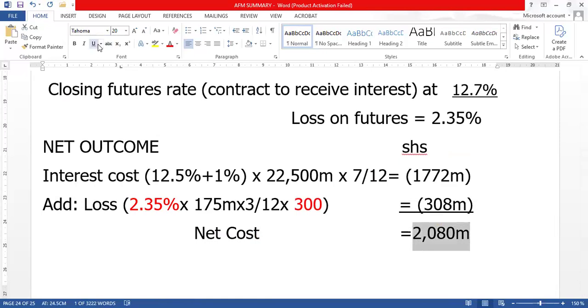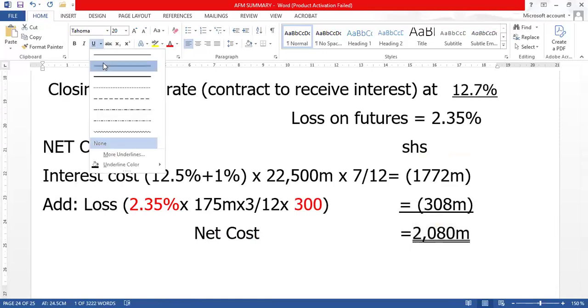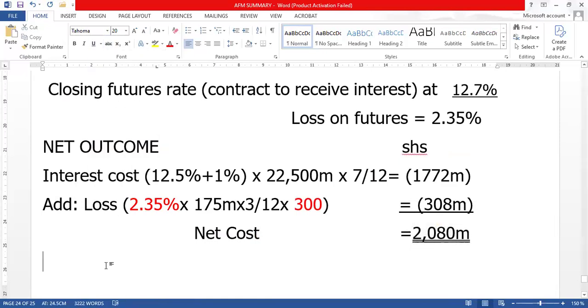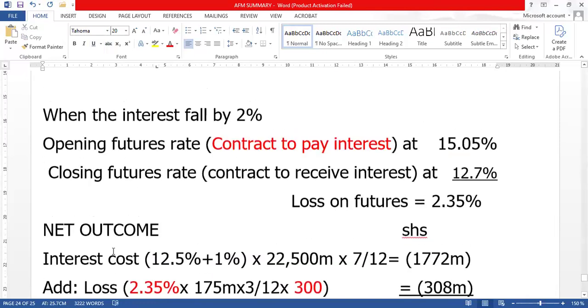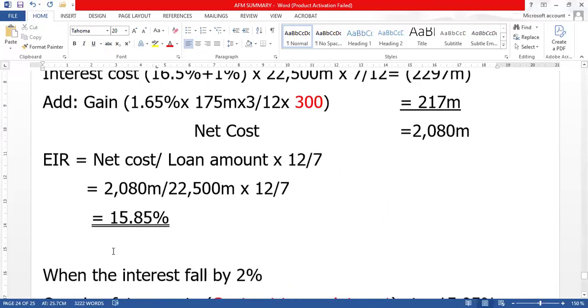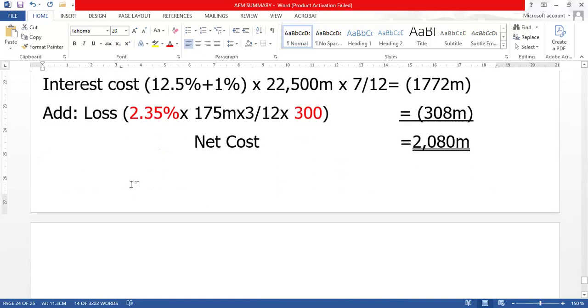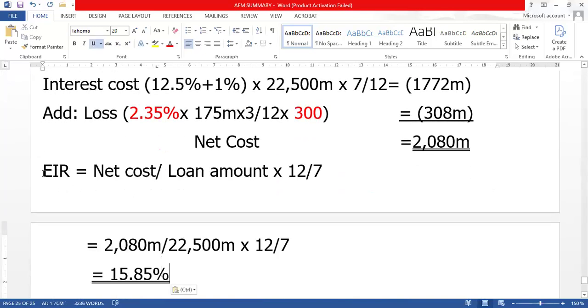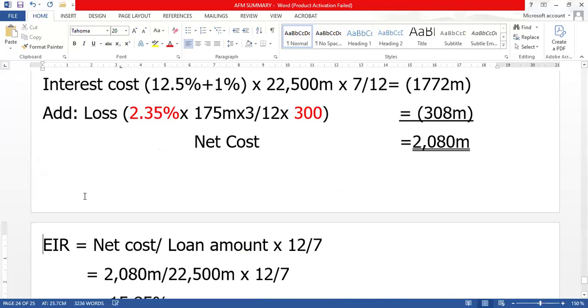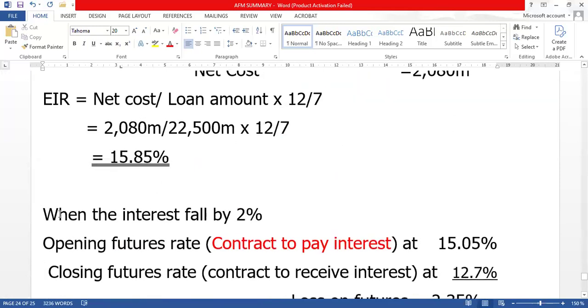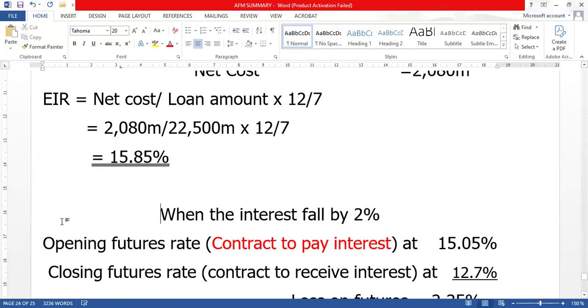You know you're wrong. So once you get the net cost, go ahead and get the effective interest rate, which is like this. So you're done with the number. Just master the steps. These steps will not change.